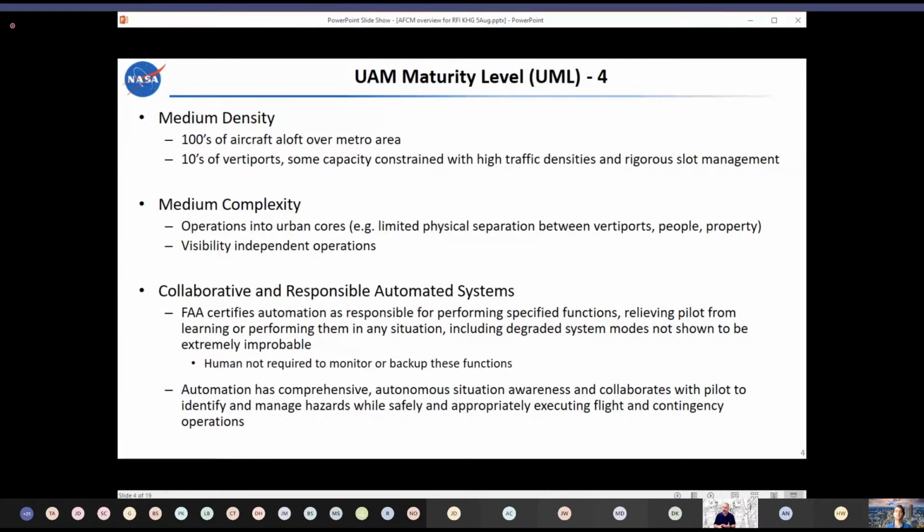So this is very different from traditional automation, and is one of the key things that makes the AFCM objectives for UAM different than traditional automation.